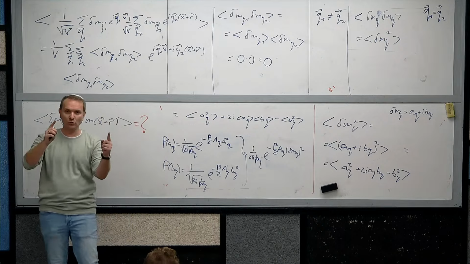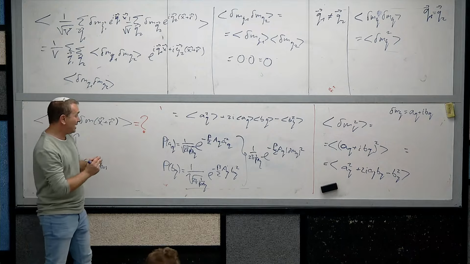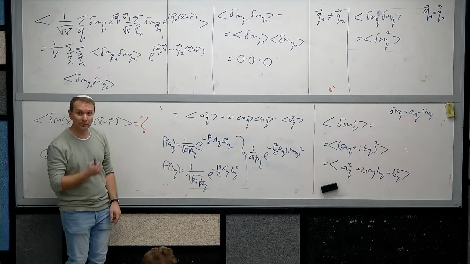Small a Q and small b Q are independent, and each of them has a Gaussian distribution.